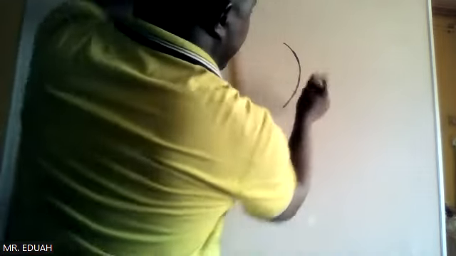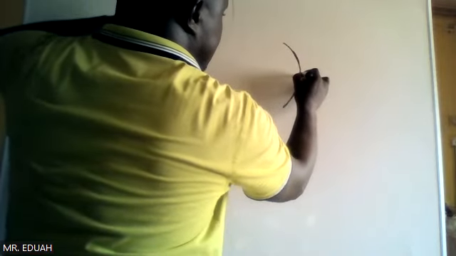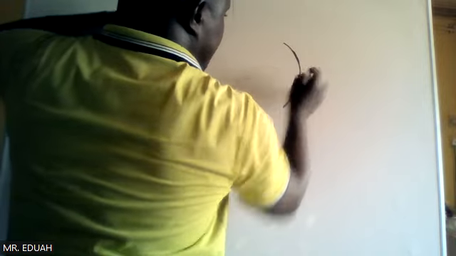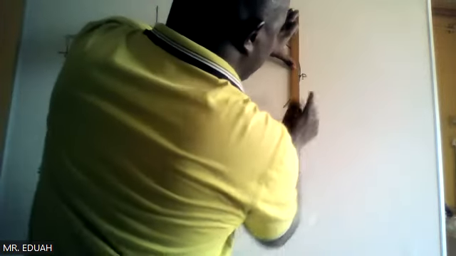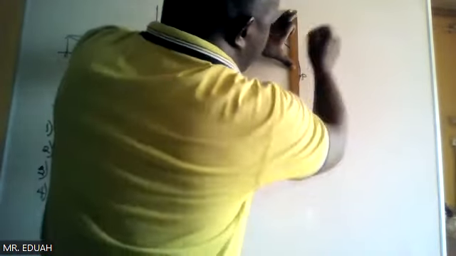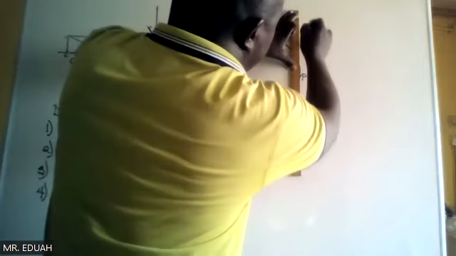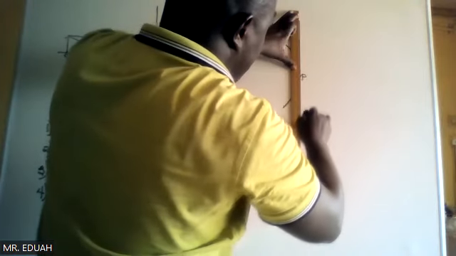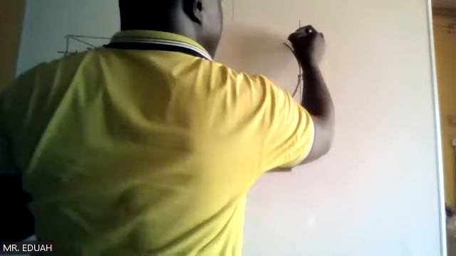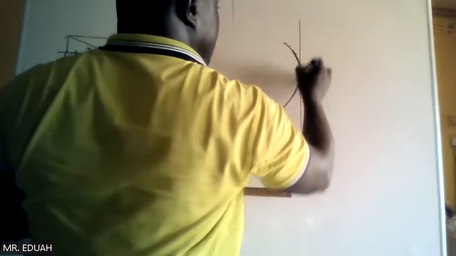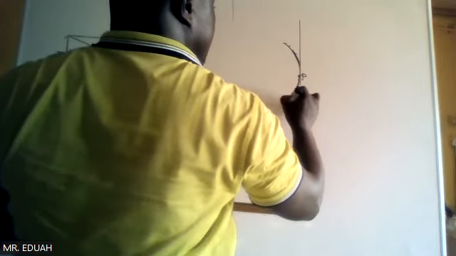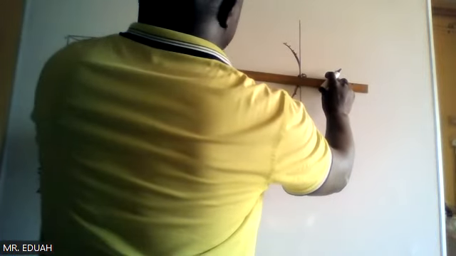A vertical line, there's the center of the mirror, P, the pole. A vertical line to cater for reflections that go beyond the aperture. The principal axis.